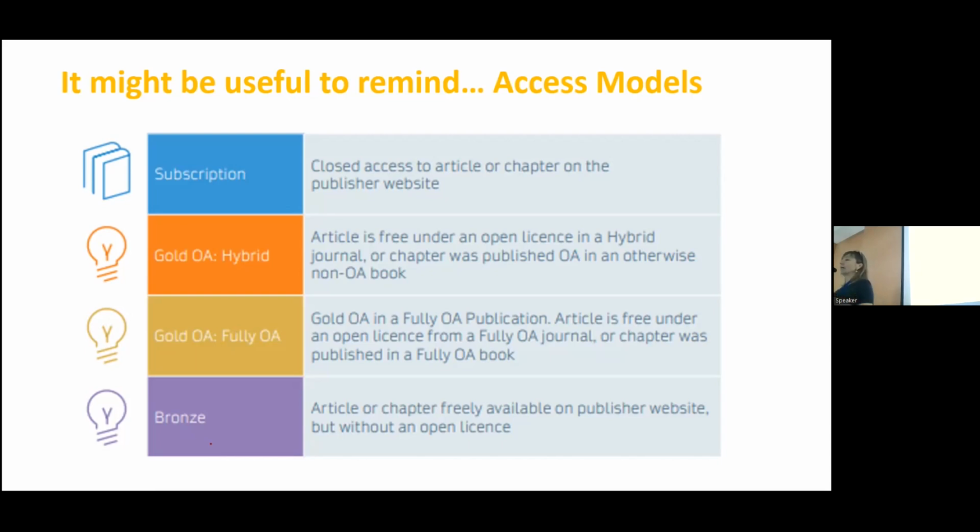Gold open access hybrid means that you pay for subscription, but if you want to pay again, it is open. This is what is not an eligible cost in the proposals funded by the Commission. If you want to publish purely openly, the APCs, called fully, completely open access, are eligible. If you want to publish in a hybrid journal, it's not eligible. But then, the publishers always win, you know?